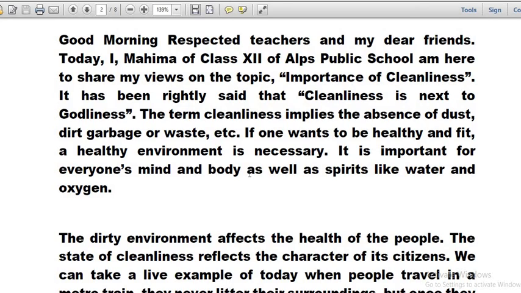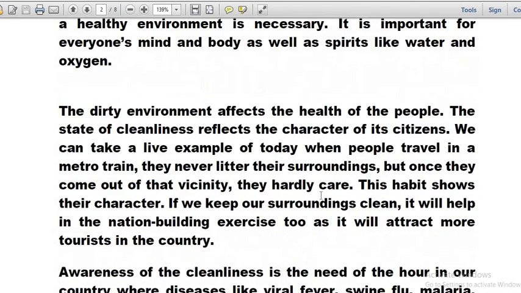Just like water and oxygen are essential for our survival, a healthy environment is also needed to make us healthy and fit. Obviously there will be a good exercise of the mind and the body. This is very important. Now I am moving on.